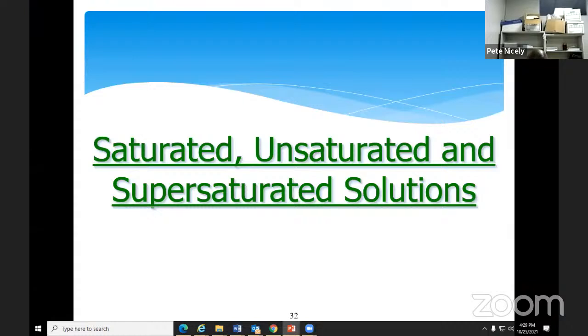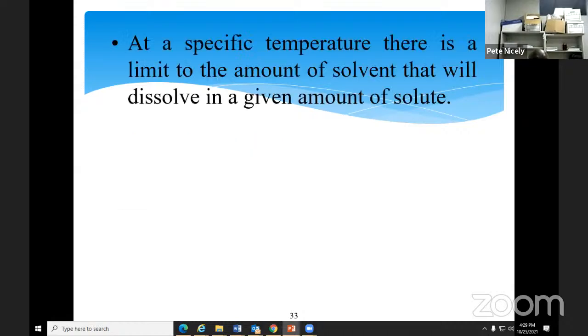Okay, now let's talk about the distinction between saturated, unsaturated, and supersaturated solutions. All right. So we talked about the fact that the solubility of a solute in a given amount of solvent remains basically constant if the temperature is constant.